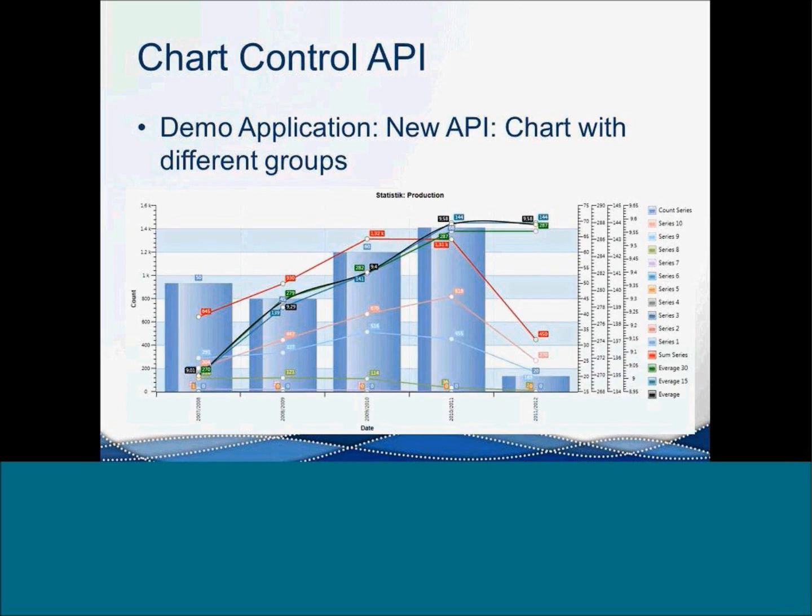We have different y-axes on the right-hand side to display different values. For example, we have a 958. If we want to display it as a shared axis, we won't see any entry at this point. So we have an additional y-axis for this chart control.